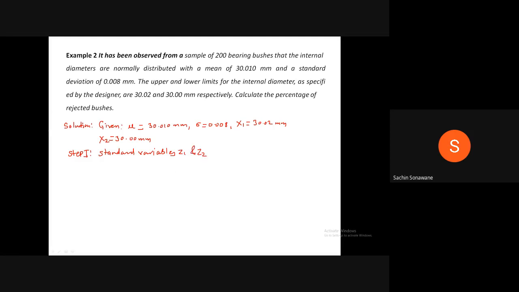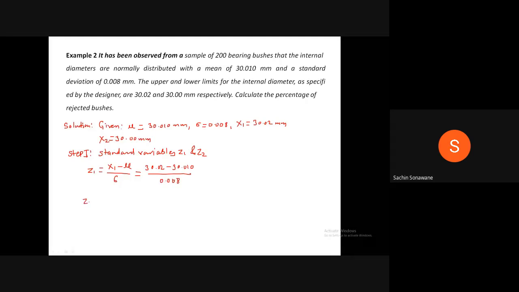Therefore, Z1 is given by Z1 is equal to x1 minus mu divided by sigma, which is equal to 30.02 minus 30.010 divided by sigma, means 0.008.